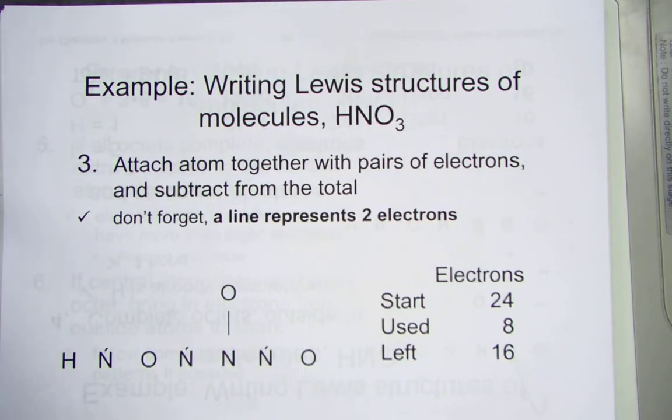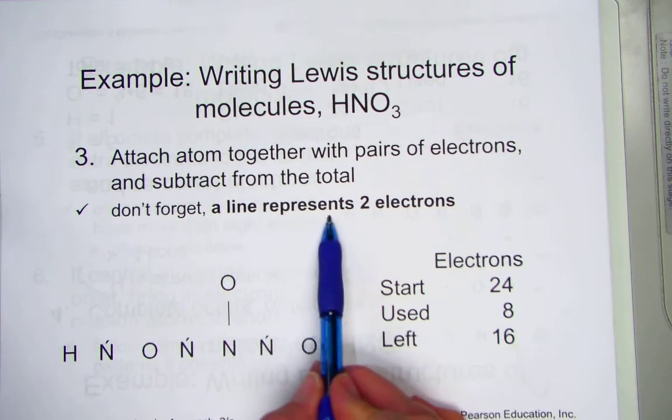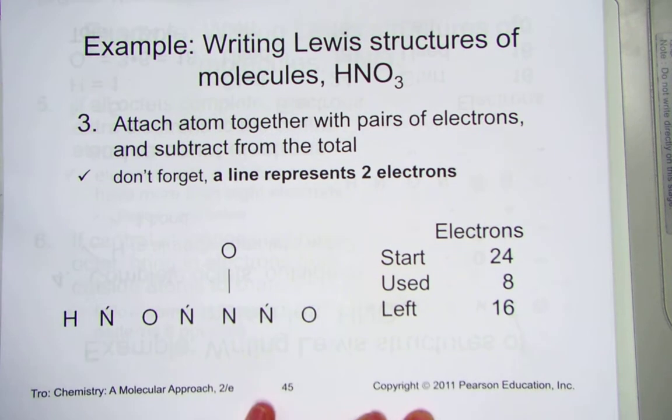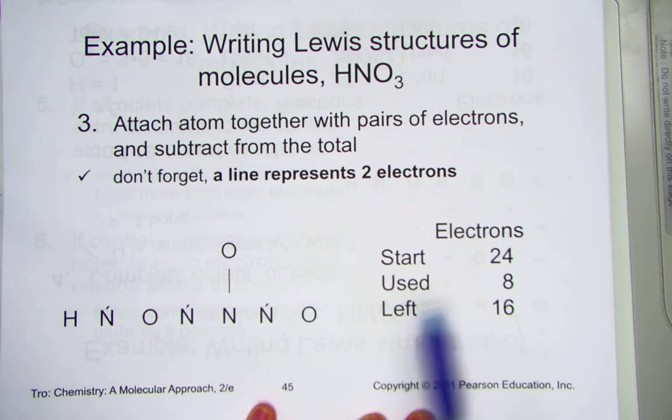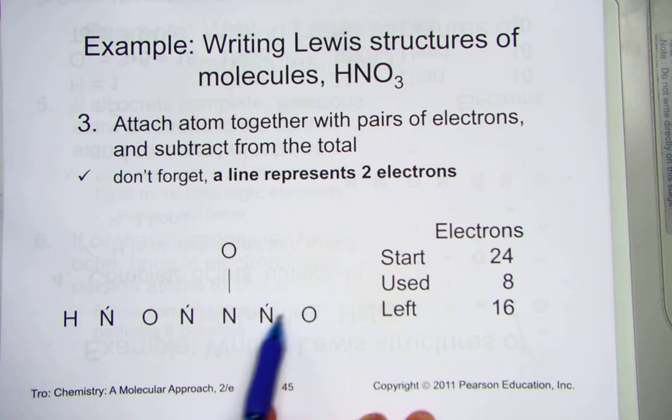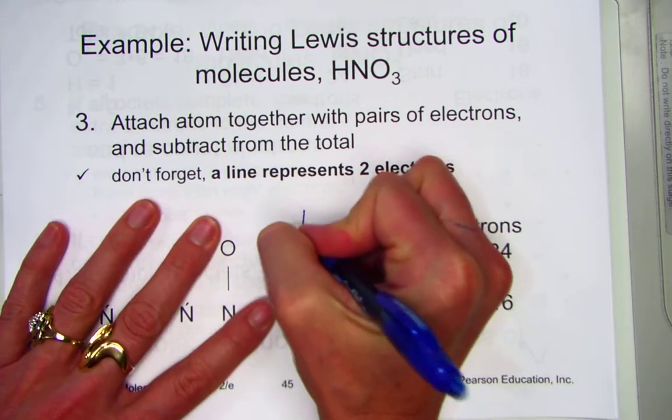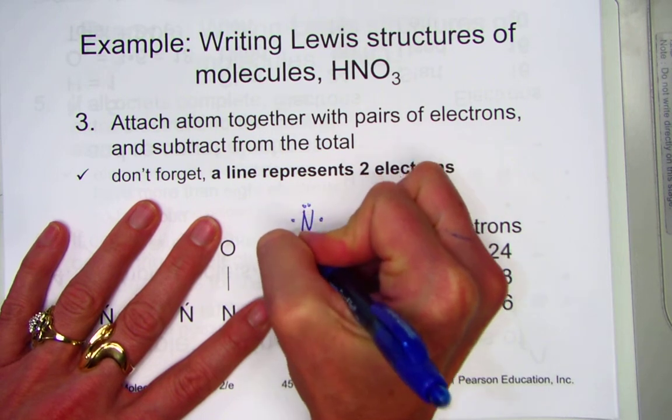Step 3, now that we've calculated how many electrons we need to place, we start pairing them up. Don't forget a line represents 2 electrons. If I started with 24, I connect an oxygen. Don't forget each line is 2 electrons. What they're doing here is just starting to connect, and again, if I just started to draw, here's nitrogen with its 5.